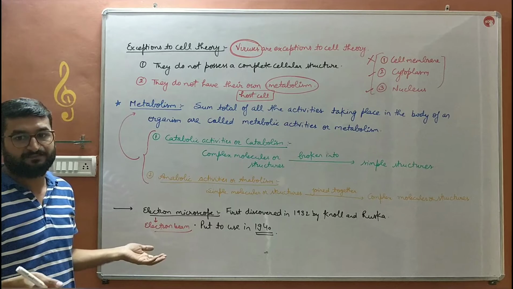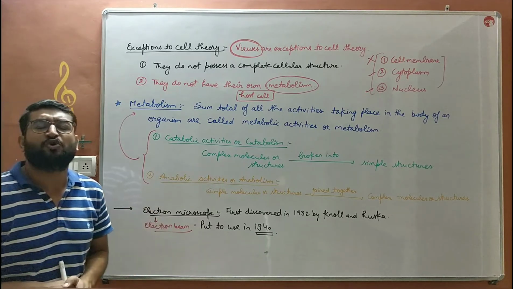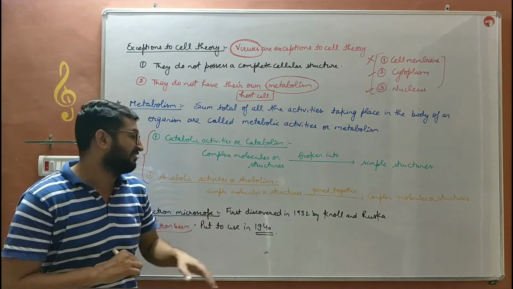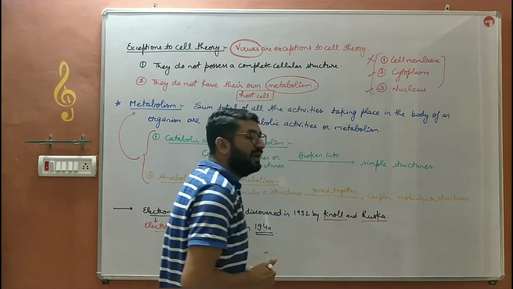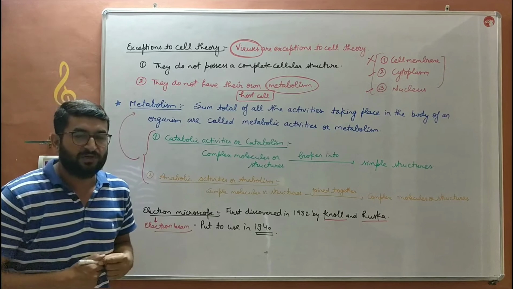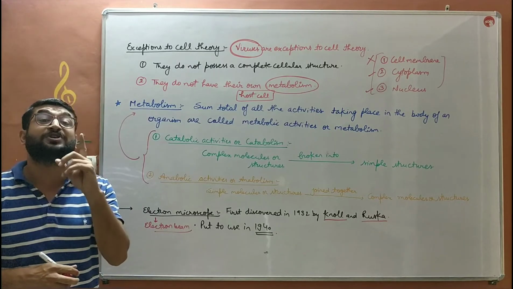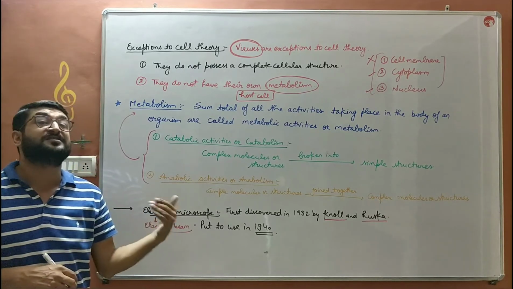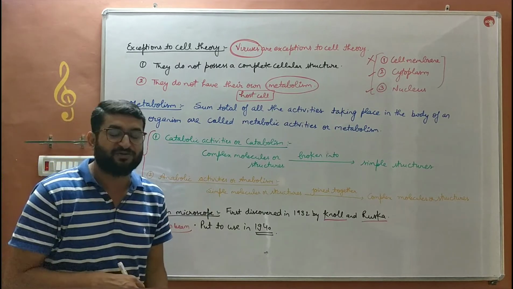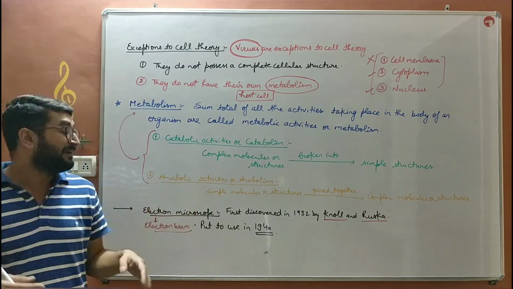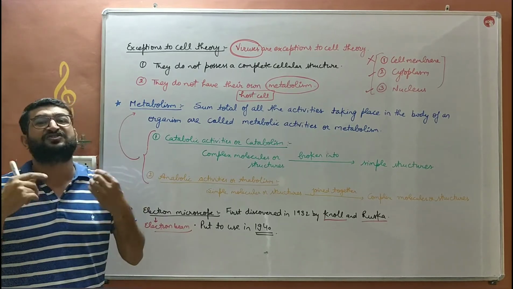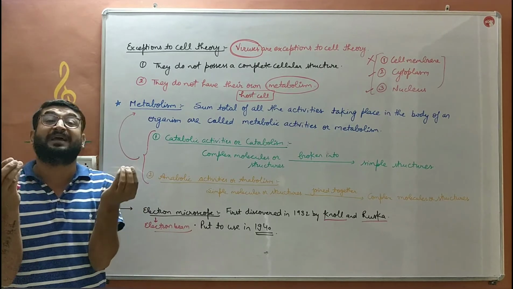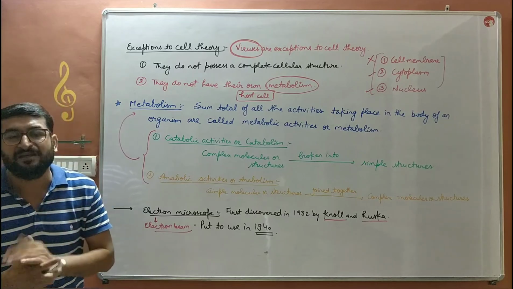The first electron microscope was discovered by Knoll and Ruska in 1932, but it was first put to use in 1940, 8 years after its discovery. So that is the instrument by which we can magnify a cell, by which we can magnify a microscopic organism and can observe it very easily.